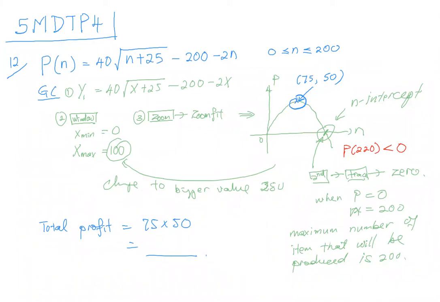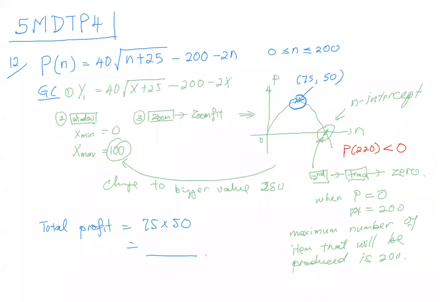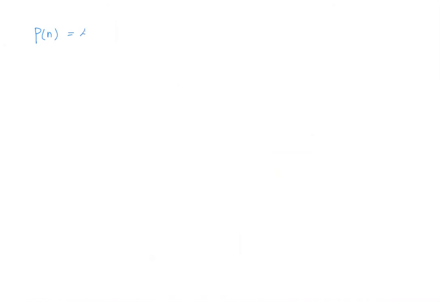If I change this function to become like that: 40 square root of n plus 25 minus 200 minus 3n. You change this to 3n. Go to your y1, change it to 3n. Then do a zoom fit, then find the turning point, please.